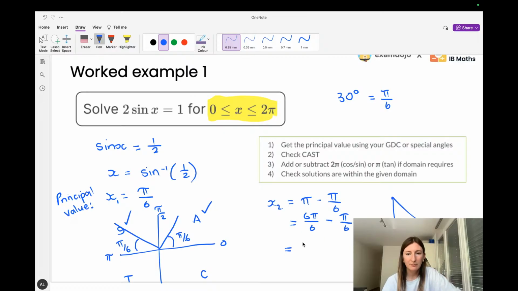So 6 pi minus pi gives us 5 pi over 6. And there we go. And we're between 0 and 2 pi, and this is all the way from 0 on the unit circle back to 2 pi, so it's just these two solutions. So we have that is 1, and that is 2. There we go. Check they're within the domain. Yes, they are. We're good.